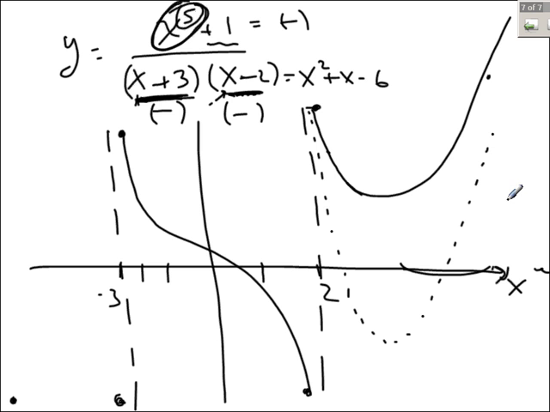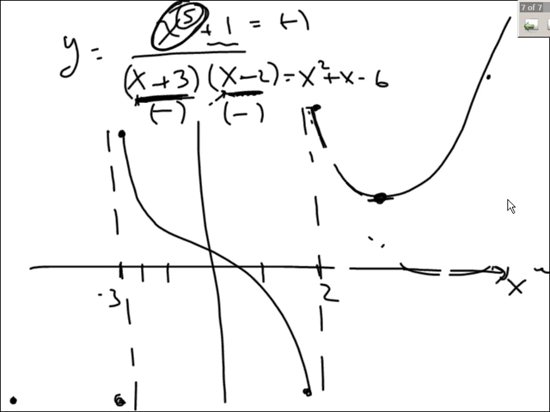Again, in Calc 1, you'll find out exactly where that point is. For example, if I told you the lowest point was going to be there, well then you would draw something like that. And next semester, you'll learn how to find the lowest value. But for right now, this is the best we can do.